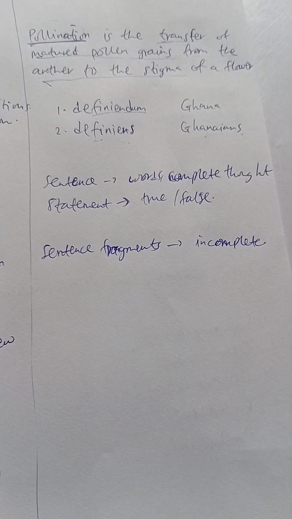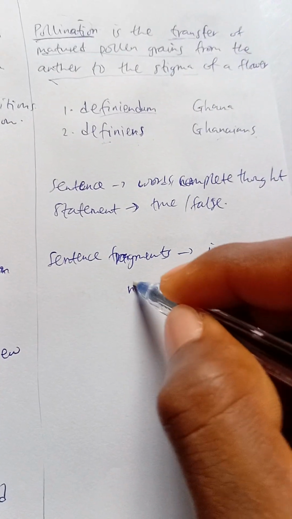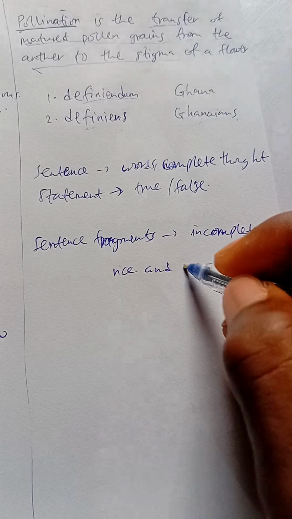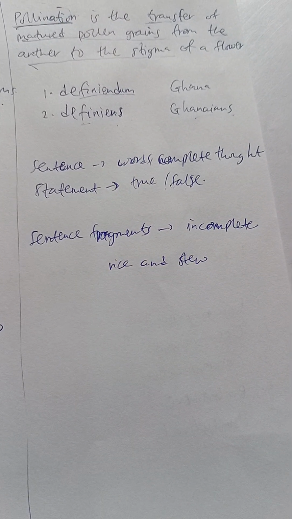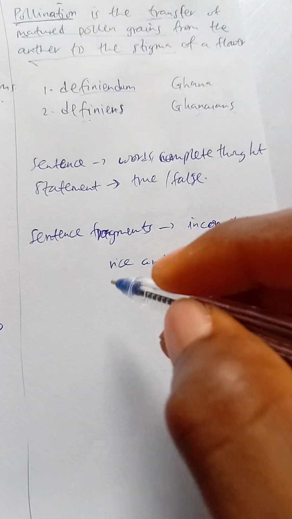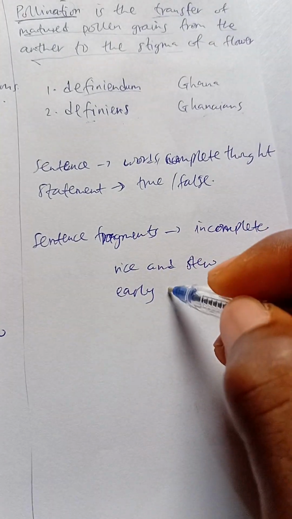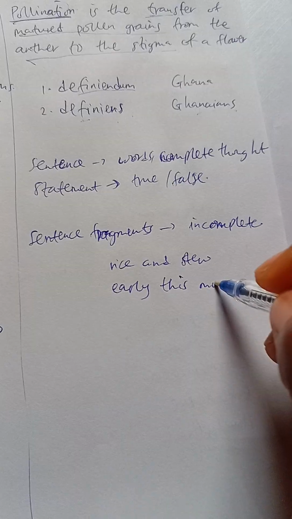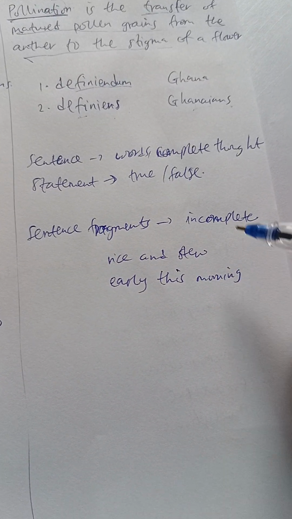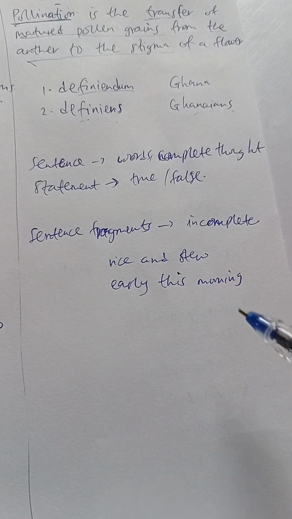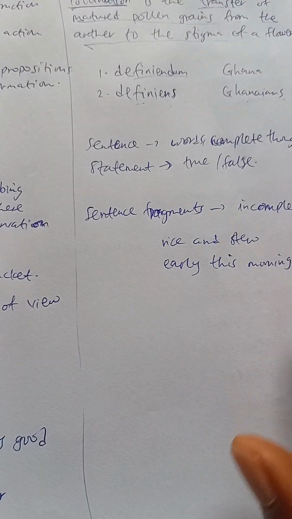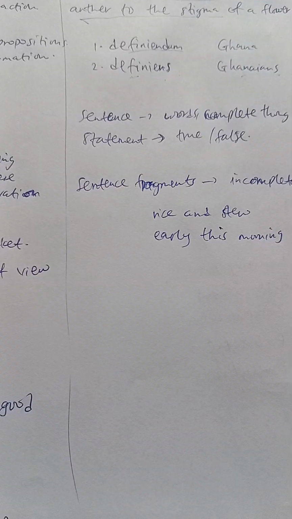If I just come and say rice and stew, I'll give you a sentence fragment. You ask me what has it done? If I just say early this morning and I pause, you ask me, what happened? So these are sentence fragments. It's an incomplete sentence. It doesn't make a complete thought.